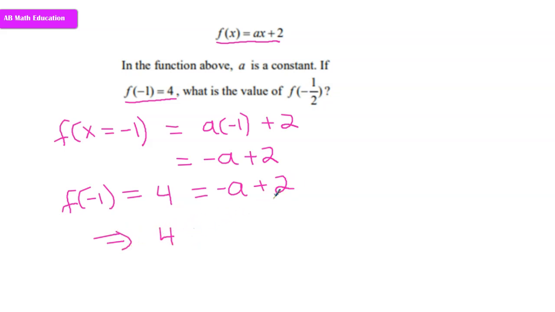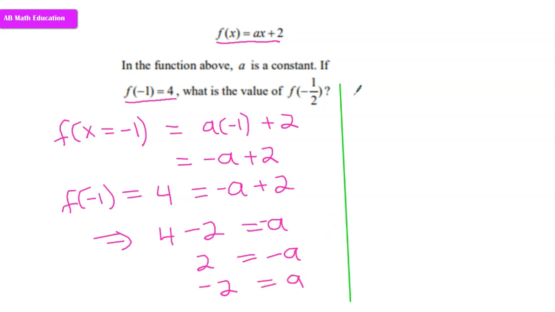So 4, we bring this 1 over, minus 2 equals negative a. And here gives us 2 is equal to negative a. And then we will say negative 2 is equal to a. So if you want to write it in standard form, it's negative 2. So we plug it back here.